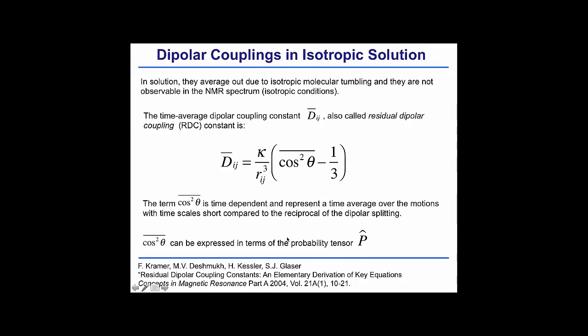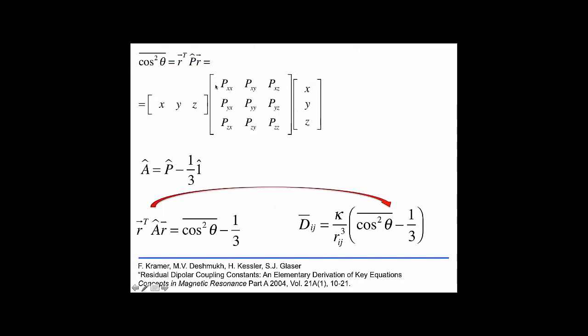And we also discussed in the last webinar that this cosine square of theta can be expressed in terms of a probability, that is the probability tensor. Also, what we arrived at in the last webinar, I strongly recommend reading this article by Kramer et al. in Concepts in Magnetic Resonance.